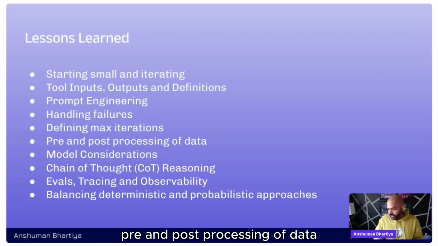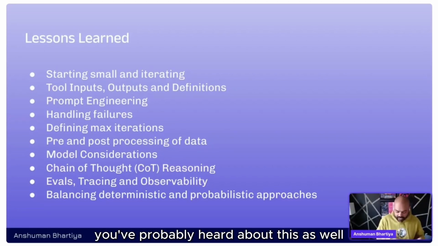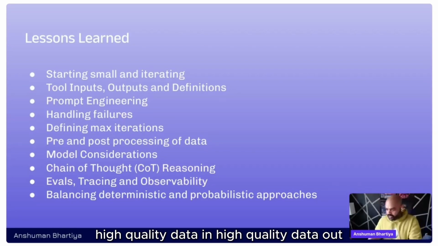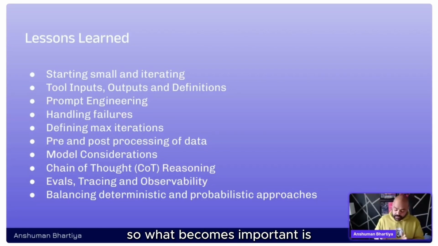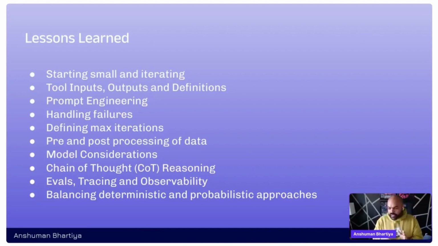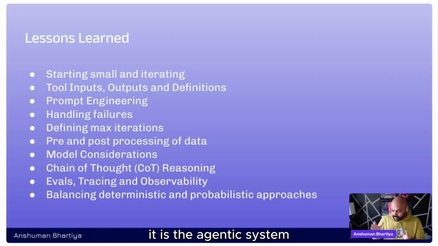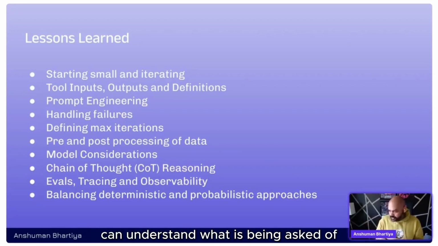Pre and post processing of data. You've probably heard about this as well: garbage data in, garbage data out. High quality data in, high quality data out. So what becomes important is, before you send your prompt, your context, your inputs, everything to the LLM, doing some kind of pre-processing on it to make sure that the data is properly structured, so the agentic system can understand what is being asked of it.